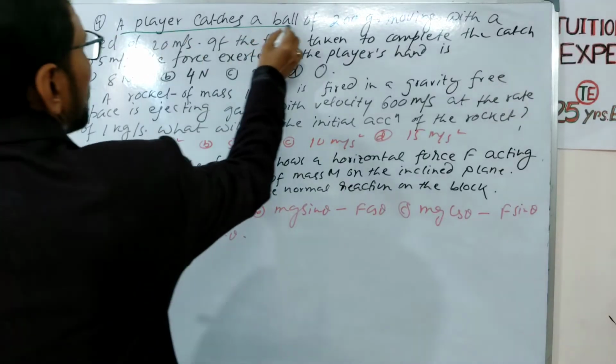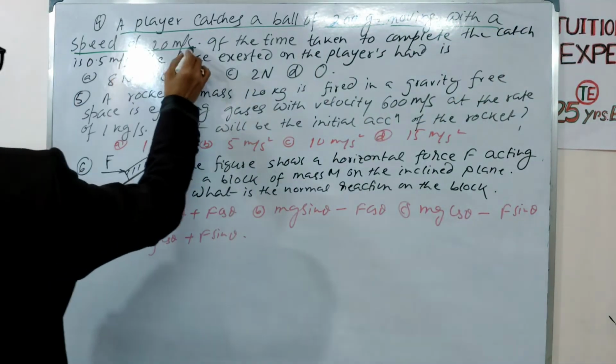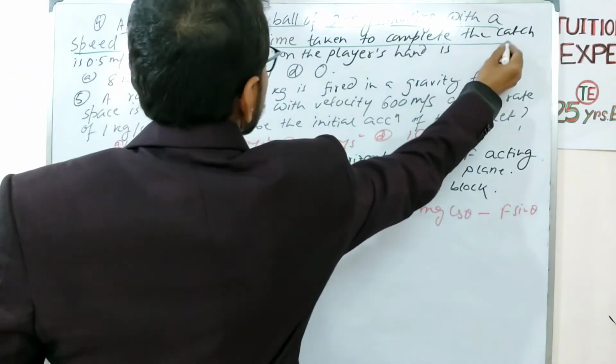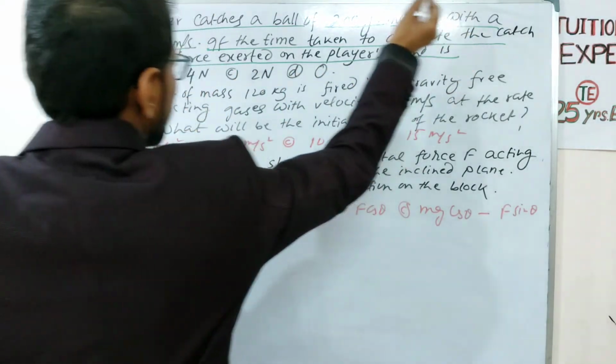Next, a player catches a ball of 200 gram moving with a speed of 20 meter per second. If the time taken to complete the catch is 0.5 second, what is the force exerted on the player's hand?